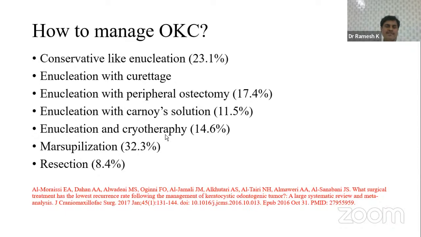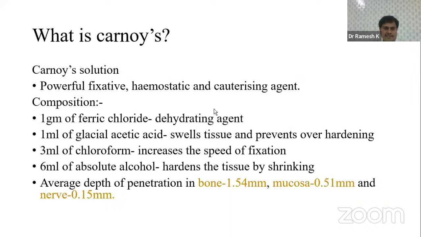Marsupialization you can't do in OKC cases because of recurrences. And resection is the other option. Those things we can avoid by using other adjunctive therapies like either Carnoy's solution or 5-fluorouracil.